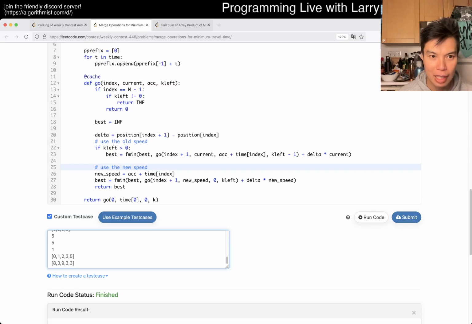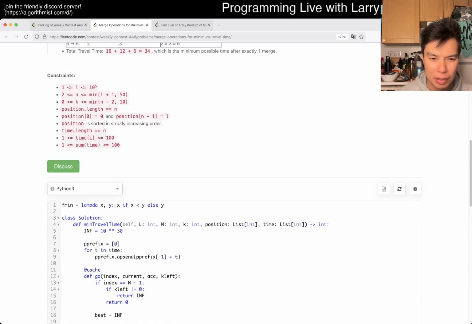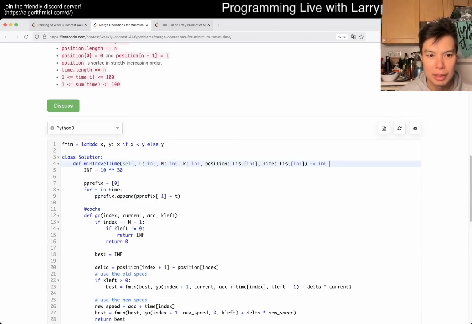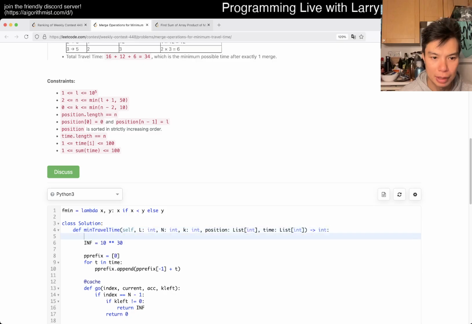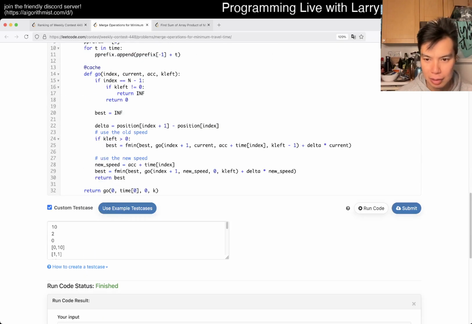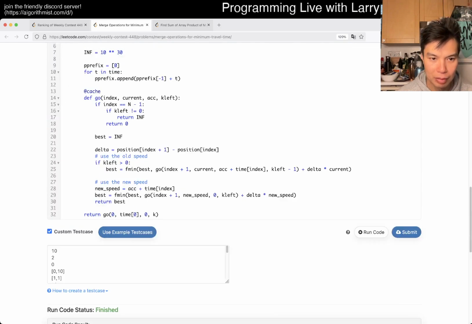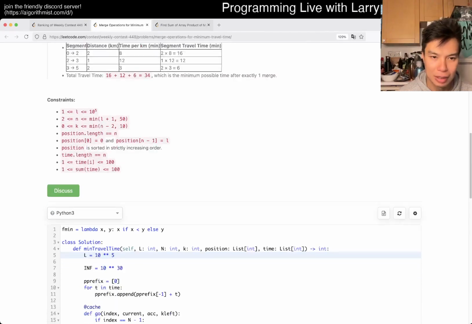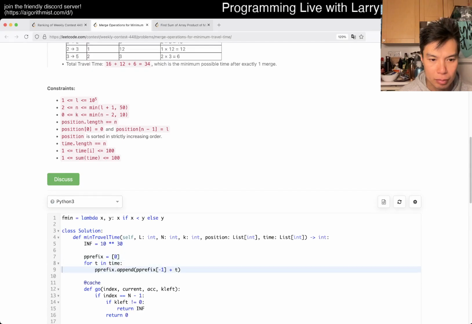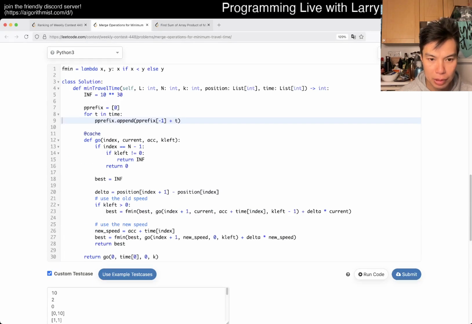Actually, I lied. Let me make a big case for a second. Okay. Let's see. What is the big case? L is equal to 10 to the 5th. I guess that's fine, right? Like, that shouldn't change anything. I don't think we do anything funky there. Actually, in fact, this lies anyway, because it's in the last thing, okay? We don't use prefix, do we?